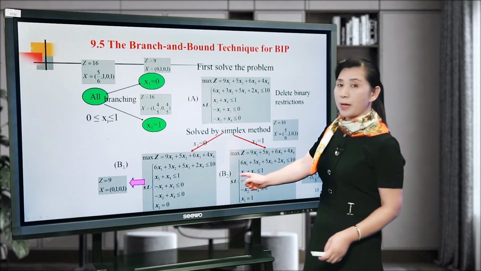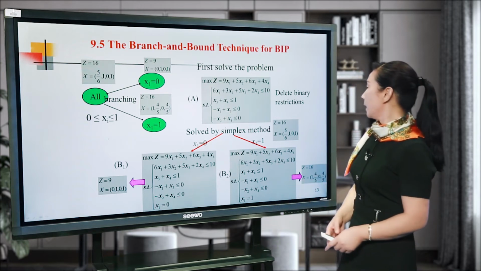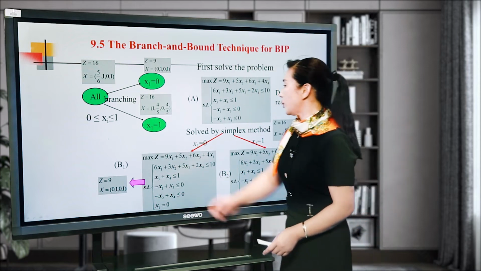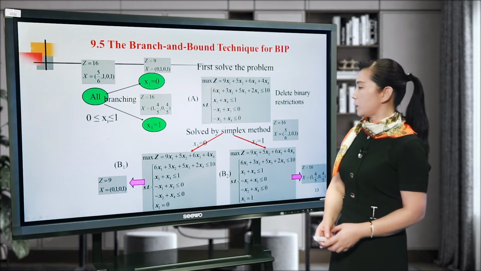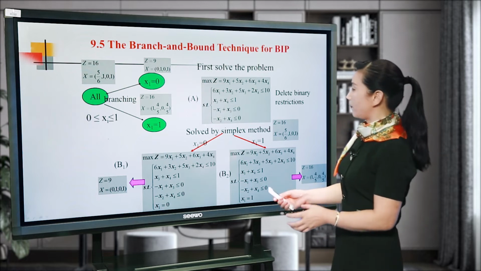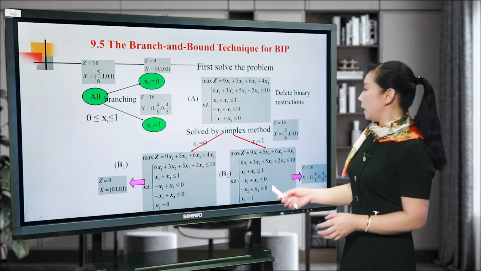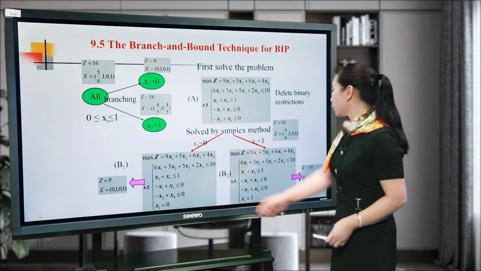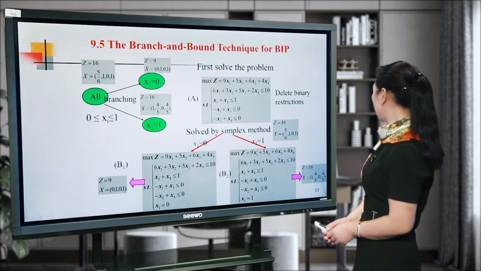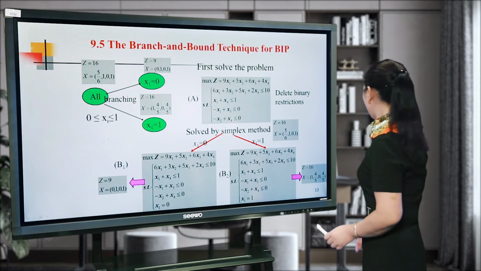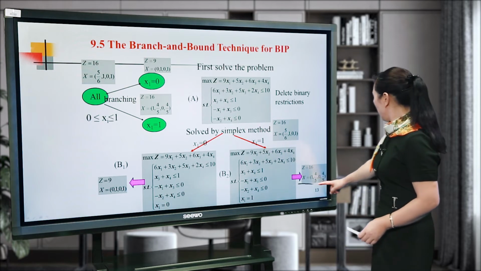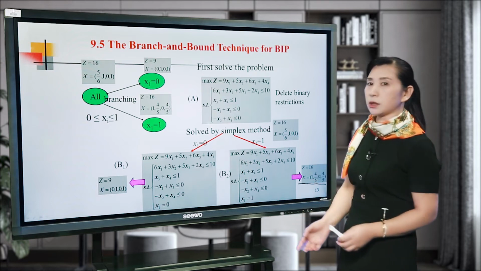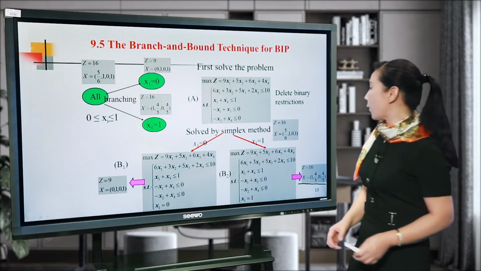These two subproblems are also LP problems. We get the optimal solutions. The optimal solution of B1 is x = (0, 1, 0, 1), and this is a binary solution, so it meets the requirements. Solving the B2 LP relaxation, we get an optimal solution that is not binary, so it does not meet the requirements.